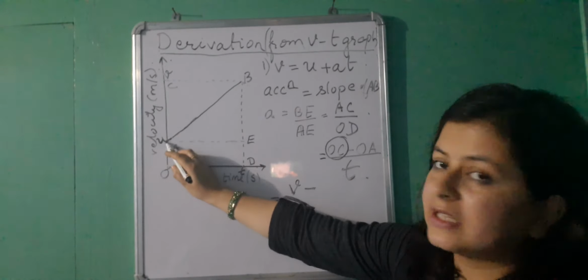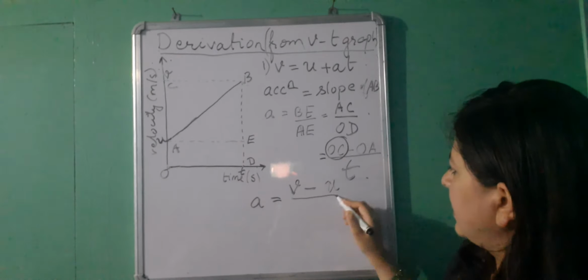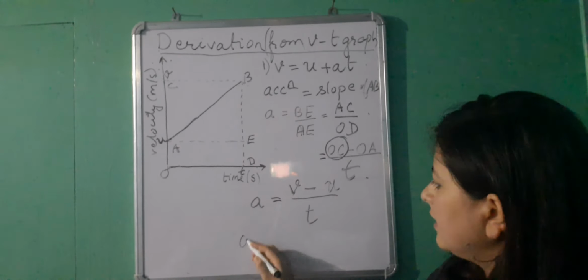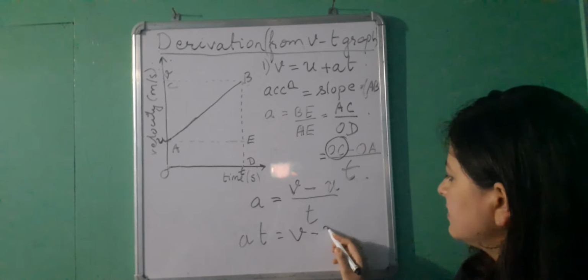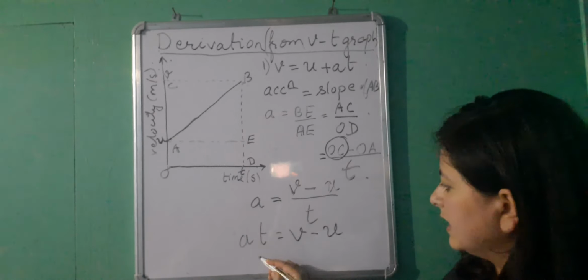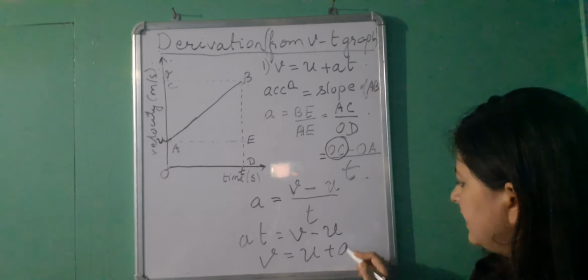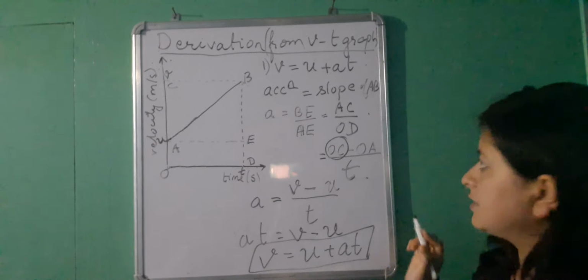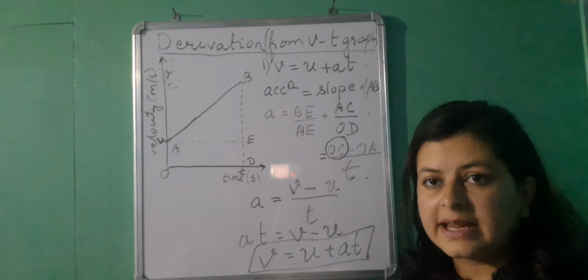OA is nothing but U from the graph, divided by T. Now we can cross multiply. AT is equal to V minus U, or rearranging the terms, V is equal to U plus AT. This is the first equation of motion which we have successfully derived using a velocity time graph.